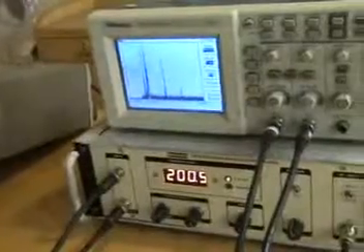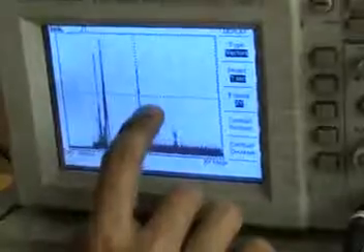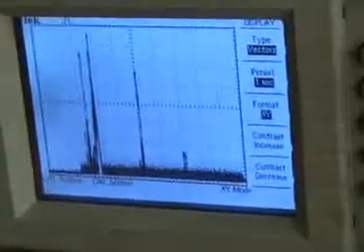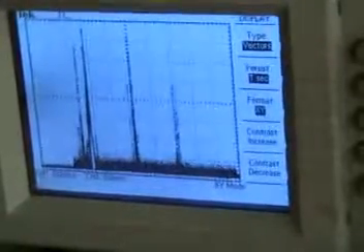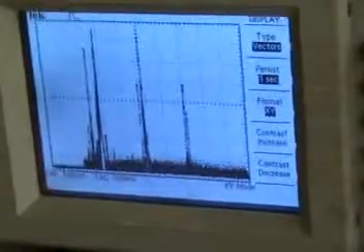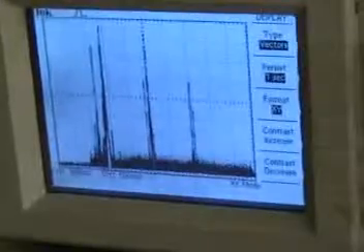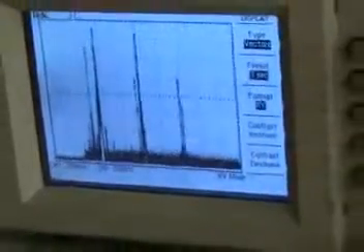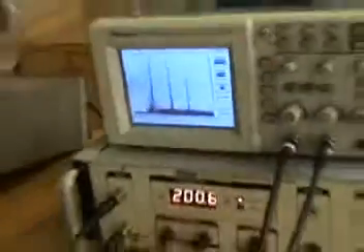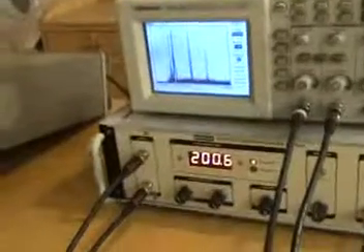The dynamic range of the signal, if you see, is 10, 20, 30, 40, 50, 60, 70 dB rather, because if I increase this signal, it is taking the entire 8 divisions. So the dynamic range is better than 60 dB for this spectrum analyzer, and the linear X and Y outputs are to be set at 500 millivolt per division.